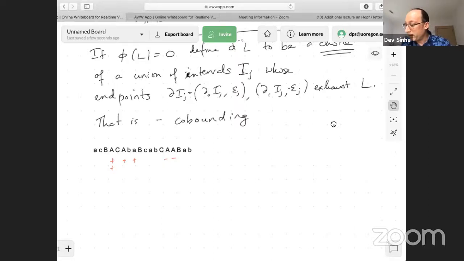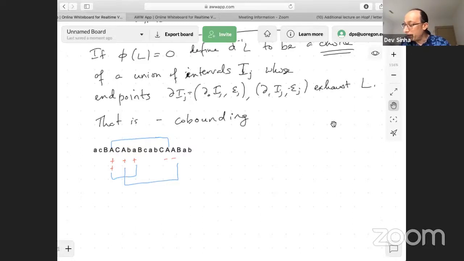Okay, and so then we have to just choose some intervals, and I will. I just have to match things with opposite signs. So I could match this A with this A. I could also match it with that one, and then this A could be matched with that A. So the intervals are really everything in between.